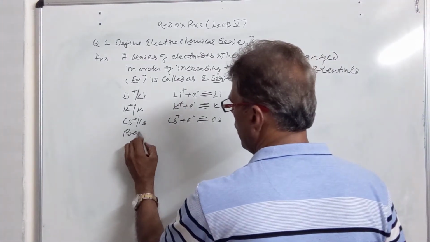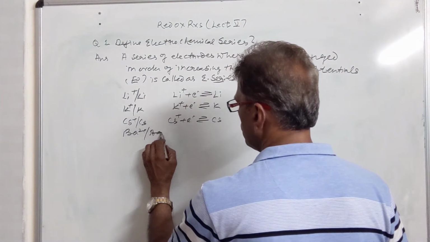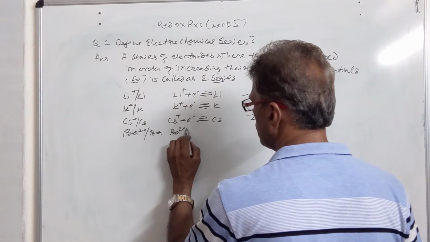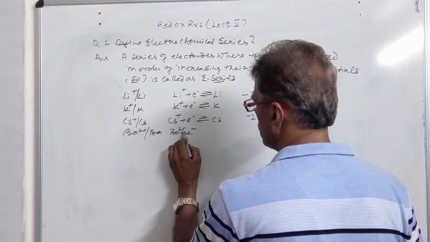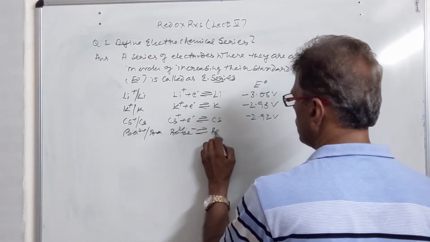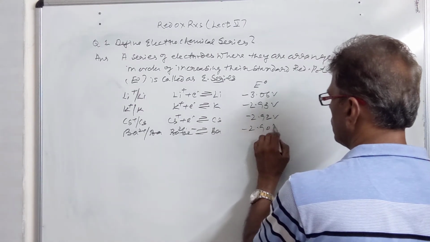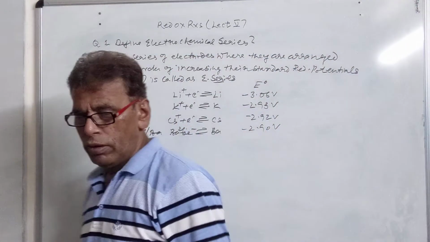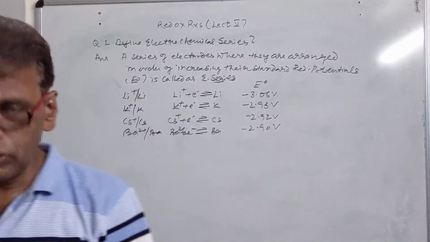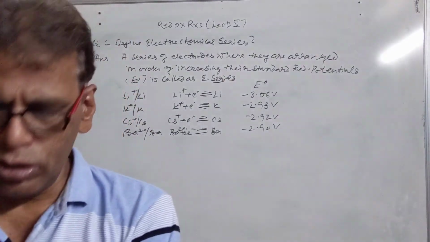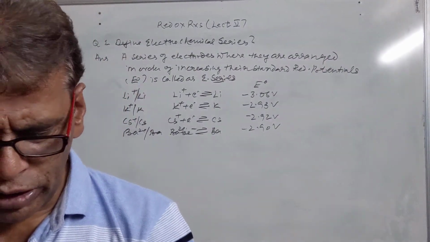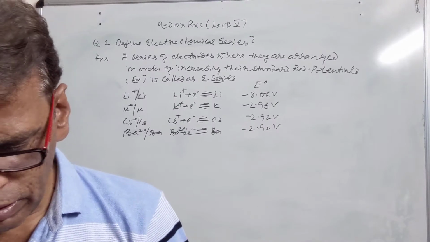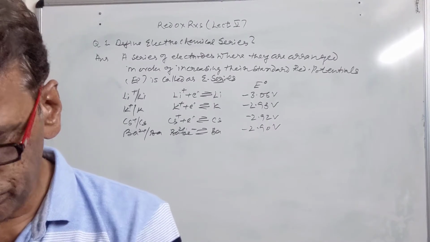Then we have barium. So this is our electrochemical series where electrodes are arranged in order of their standard reduction potentials.